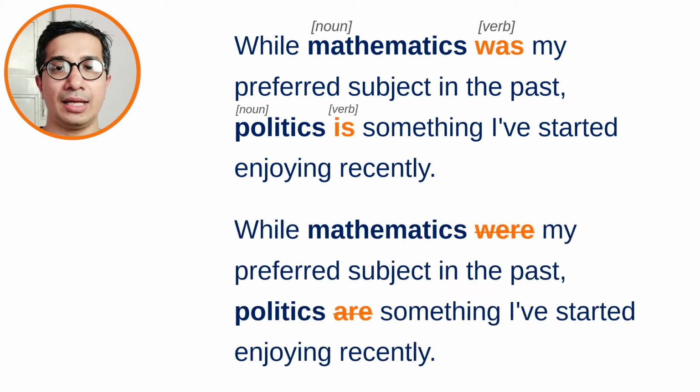We wouldn't say mathematics were my preferred subject or politics are something I have started enjoying lately. No, that would be an error. So be careful with nouns that are singular but seem to be plural and some uncountable nouns such as news and ethics. Be extra careful about these nouns because they seem like plural but are not.